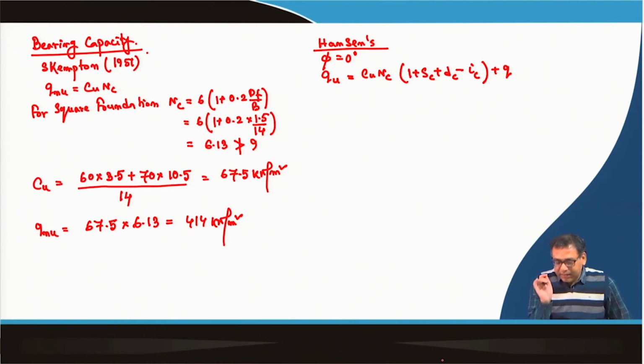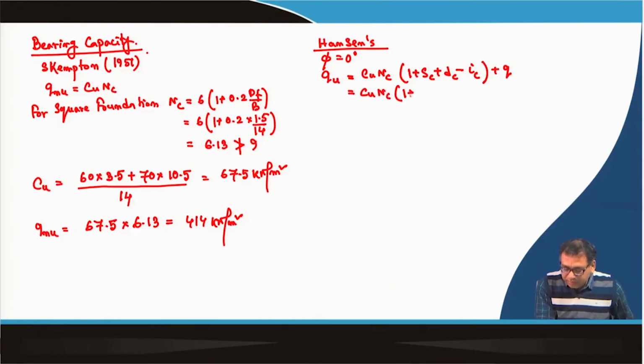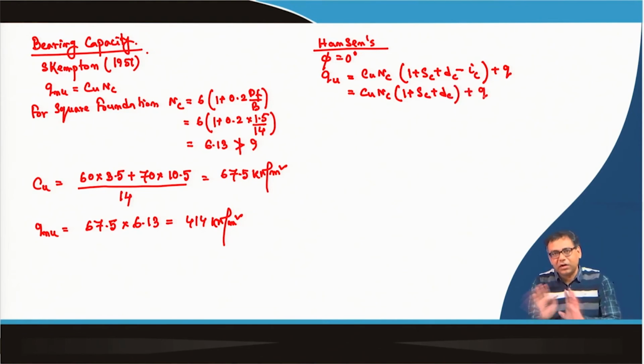But here the inclination effect is not there, because loading is not inclined, it is perfectly vertical. So, that is why the modified equation will be Cu Nc (1 plus Sc plus Dc) plus q. So, Ic will not be considered, because inclination is not present here.